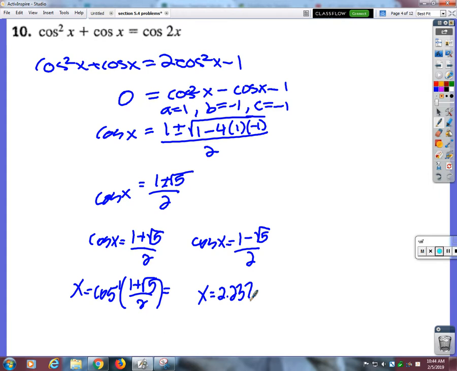No, I know how they got the other one. 2.237, remember we're finding an angle, is this right here. So there's also going to be one here that would work.